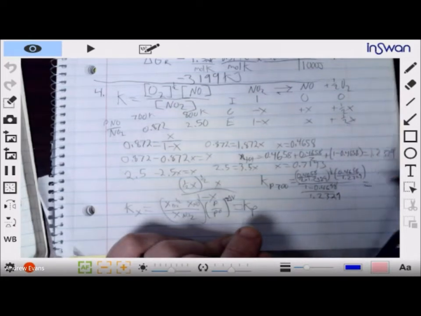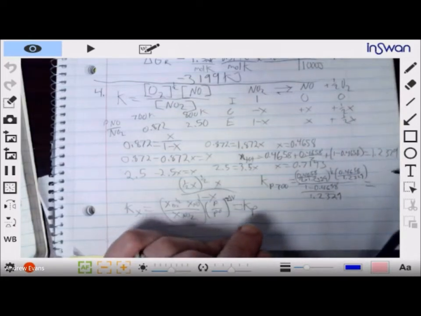So our Kp at 700 ends up being something like 0.3790.